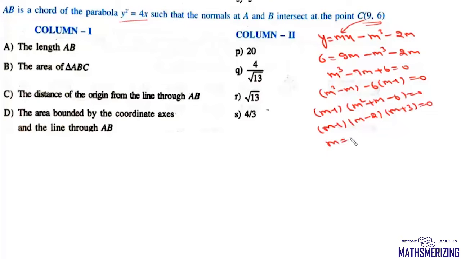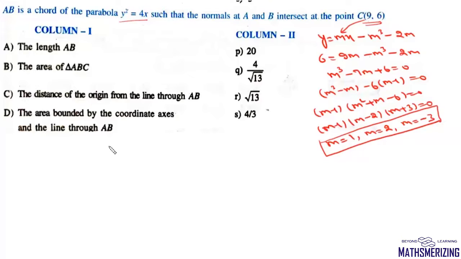So we'll get three values of m. Either the value of m is 1 or m is 2 or the value of m is minus 3. So these 3 points represent co-normal points and their slopes are 1, 2 and minus 3.